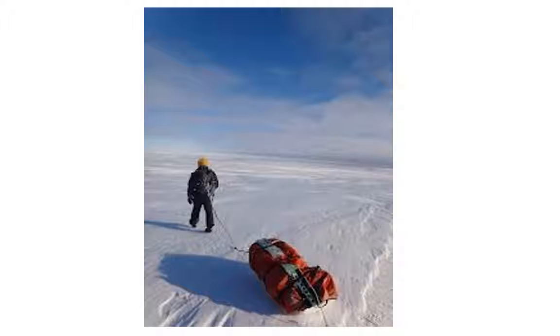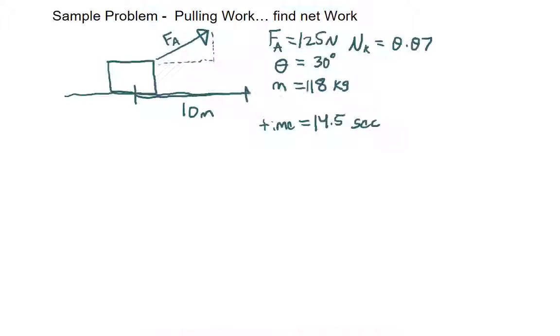Now if we evaluate this one, we have a pack that's being pulled at an upward angle here, and so this is a little bit different. The force applied is upward at an angle, and we are still doing work, but again, we'd have to break this up into the X and Y to think about what kind of work we're doing, right? So remember, the only work that you do is the work where the force is parallel to the displacement.